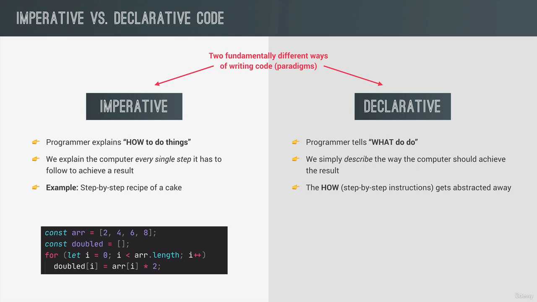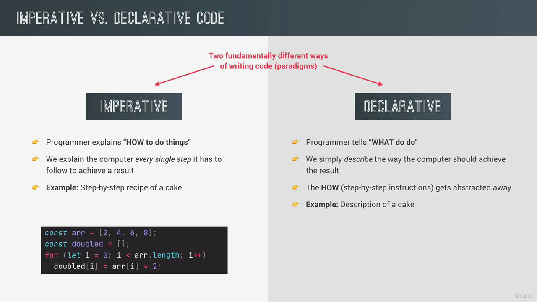So we do not care about them. And going back to our cake example here, the declarative way of instructing someone to bake the cake would be to simply describe that cake to the person, and then the person would have to come up with the step-by-step recipe on their own. So simply describing the task and the result that should be achieved is the declarative way of doing it. All right?